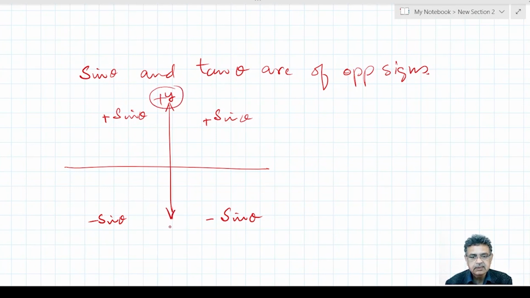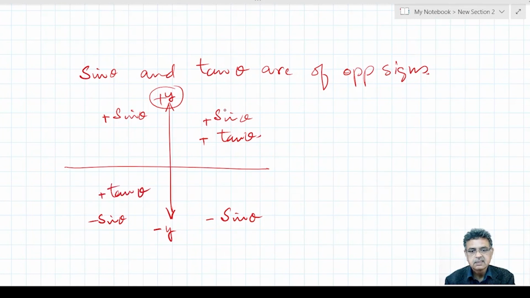Here below the x-axis, y is negative, that is the reason sin theta is negative. Now tangent theta is positive here and here. And the reason is that the gradient is positive, and tangent is negative here and here.